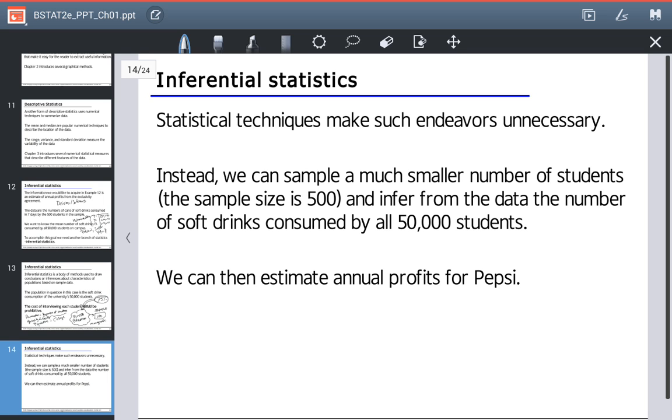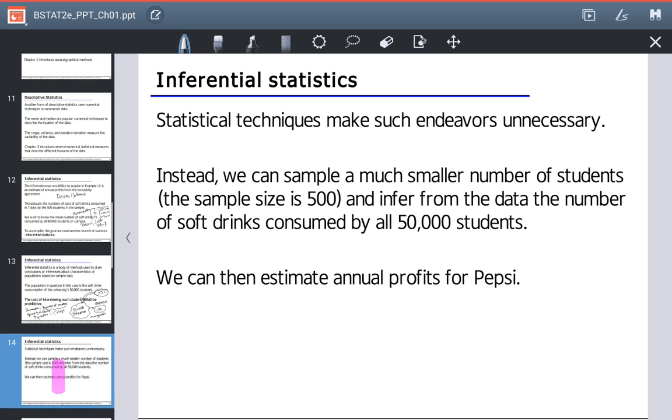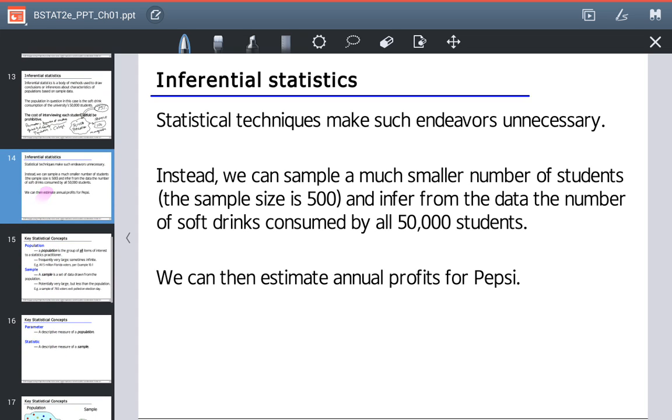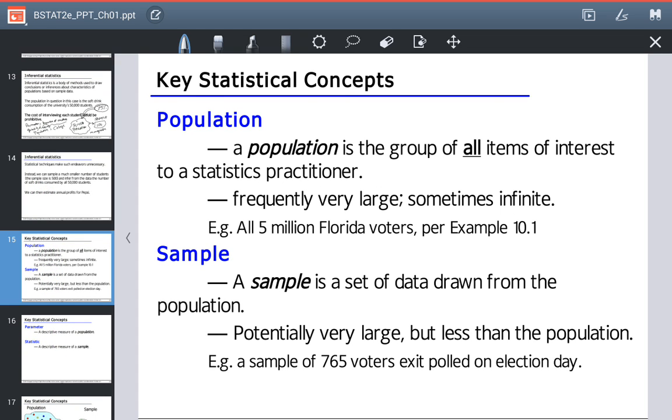These kinds of techniques are covered in inferential statistics, and we talked about two different things. We talked about population, which is a group of all items of interest. This might be all students in the campus. Surveying this entire group might not be manageable, so you choose a sample out of it, and this sample is where you perform all your experiments.